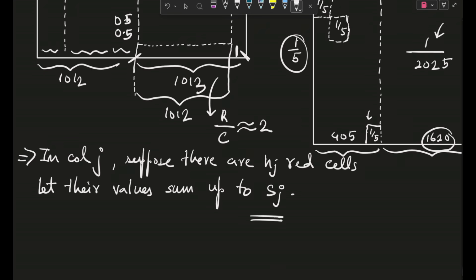Don't confuse between SJ and capital C. Capital C refers to the maximum value, SJ refers to the sum. So if we try to find the average red cell value, or rather the average of all the maximum values in any column, then it will be Sj by Nj.